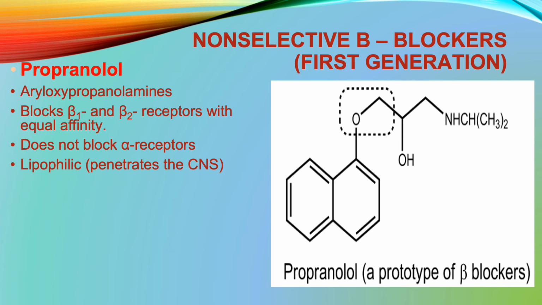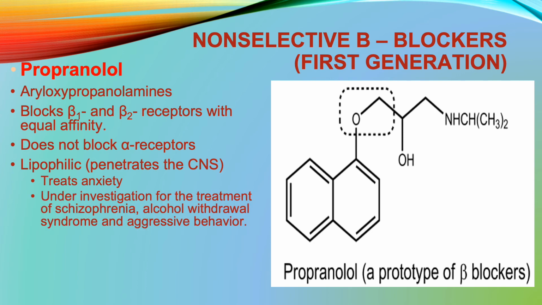It does not block our alpha receptor and it is lipophilic, so it can penetrate our central nervous system. So it is also useful to treat anxiety, and is under investigation for treatment of schizophrenia, alcohol withdrawal syndrome, and aggressive behavior.